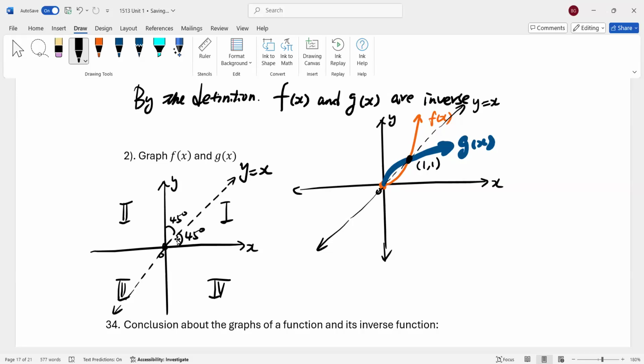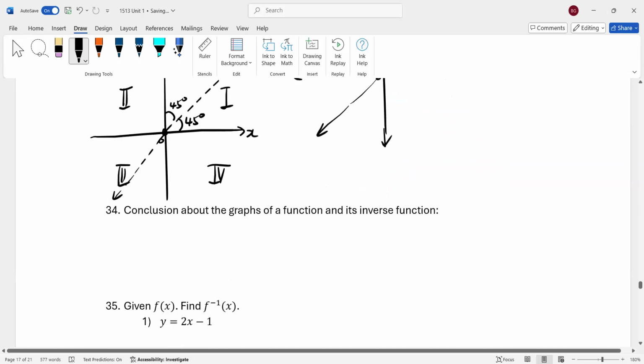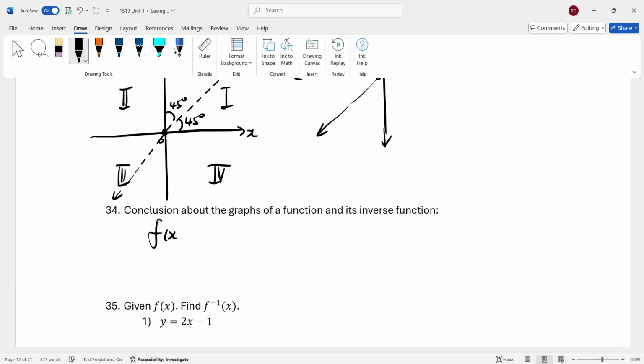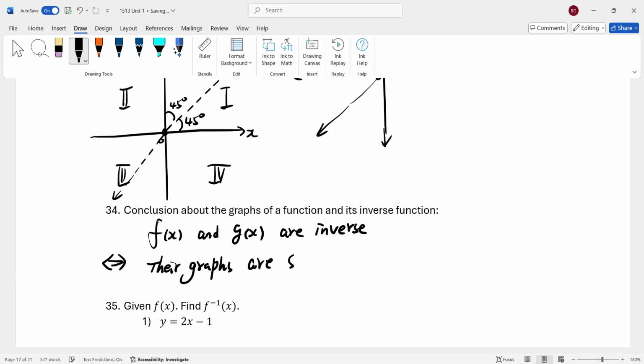So the conclusion here, we need to know: f and g are inverse of each other if and only if their graphs are symmetric with respect to the bisector of quadrant 1 and quadrant 3, or y equals x.